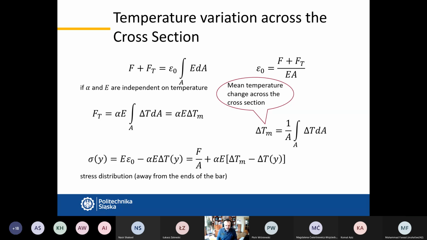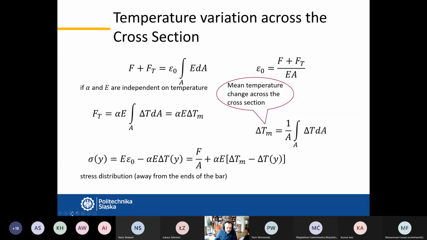And this is the stress distribution away from the ends of the bar. There's such a note. Why away? Because you see that the stress will depend on the location perpendicular to the surface.